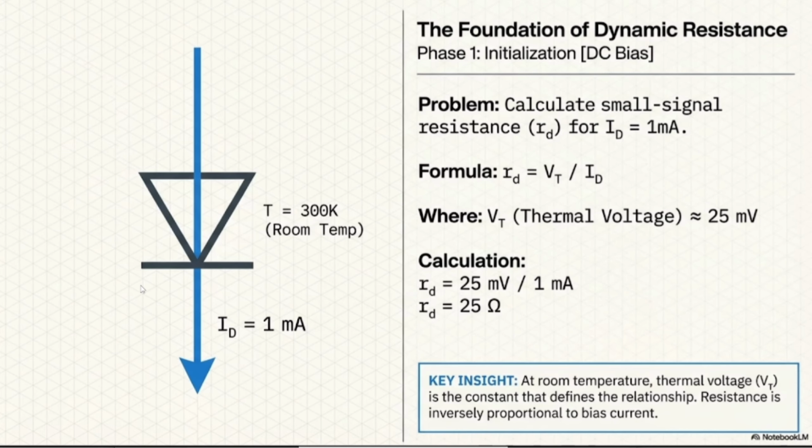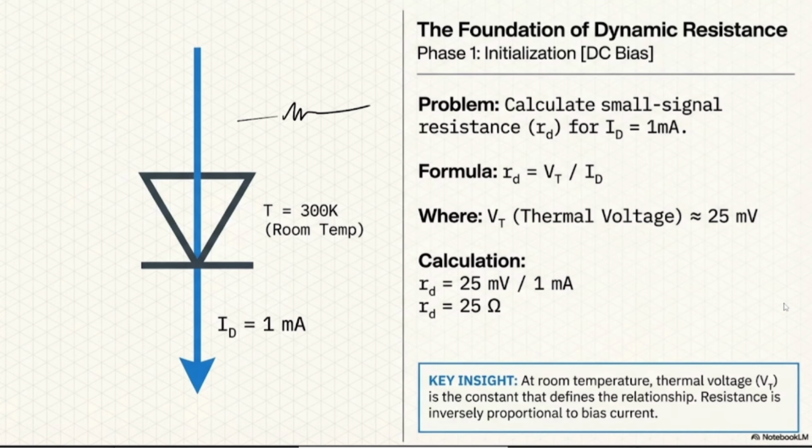As I just said, phase 1 is about the initialization. It means that right now, I have to find the DC bias itself. As you can see over here, I have a diode, and I would like to make it linear. Making it linear means that instead of the diode itself, I would like to make a resistor. As we all know, we have a formula for that.